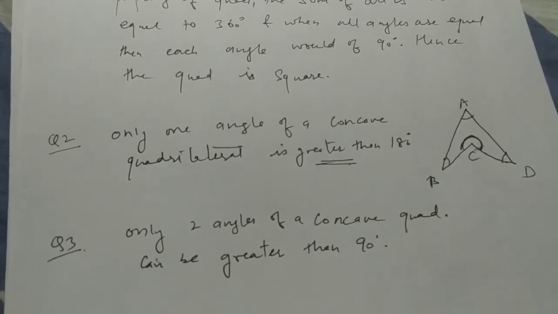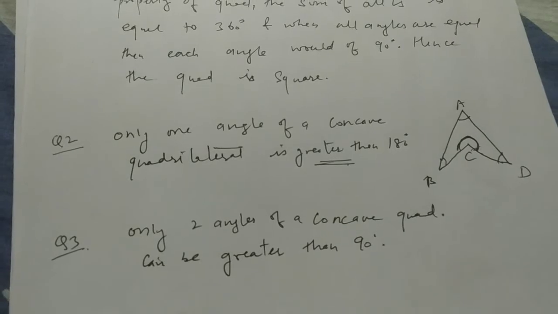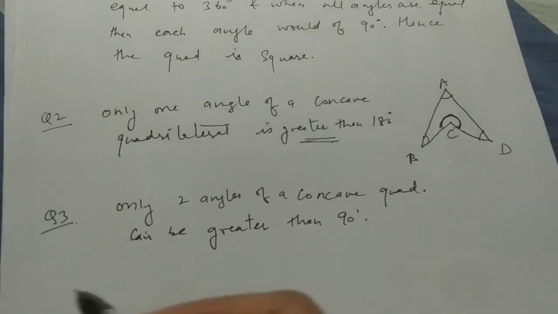Question number 4 says, is it possible that all angles of a quadrilateral are acute? Explain why.